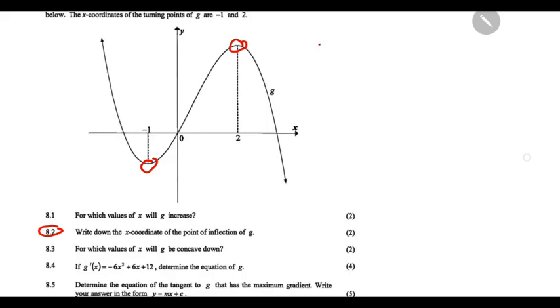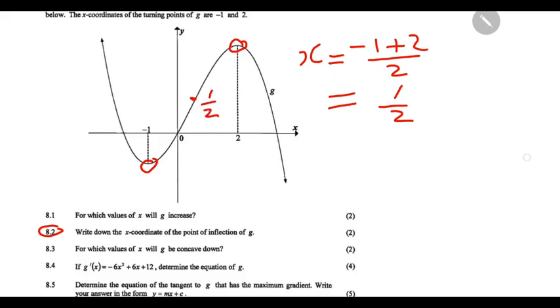So x is equal to the midpoint of these two x values, (-1 + 2) divided by 2. The answer will be 1/2. That will be somewhere here, so this is my x value of the point of inflection.